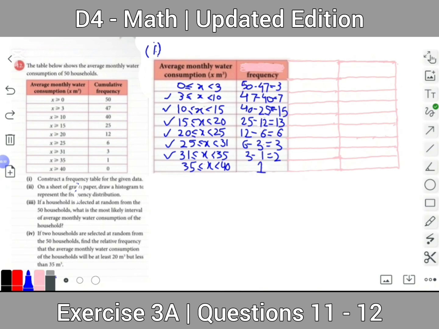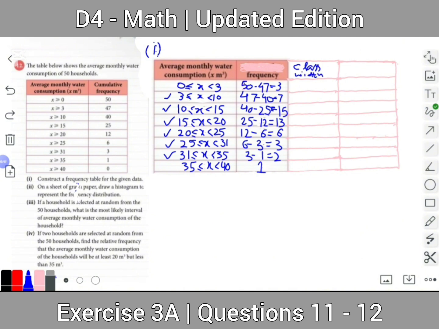Since we are dealing with grouped data and the class widths are unequal, we need to find the frequency density, and we use it to draw the histogram also. So here we will find the class width. We can find the class width by subtracting the lower limit from the upper limit of the class interval.